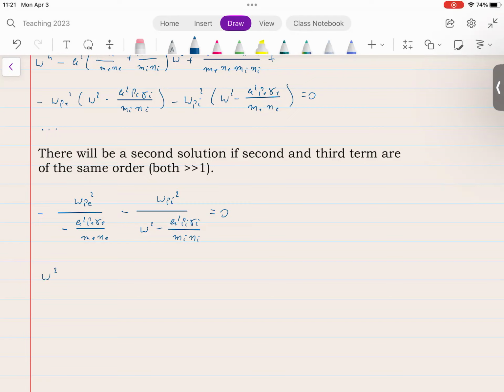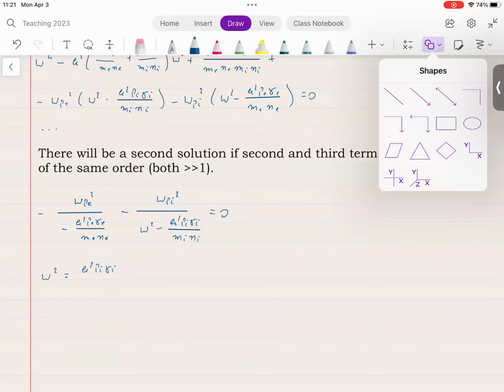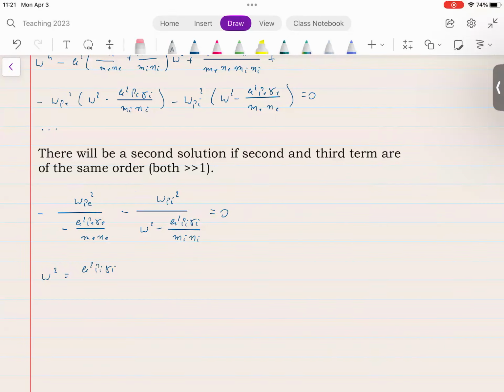Let's see if I can get it straight. Okay, I'm going to take this to the right-hand side: k squared Pi gamma I over Mi and I. So far so good.